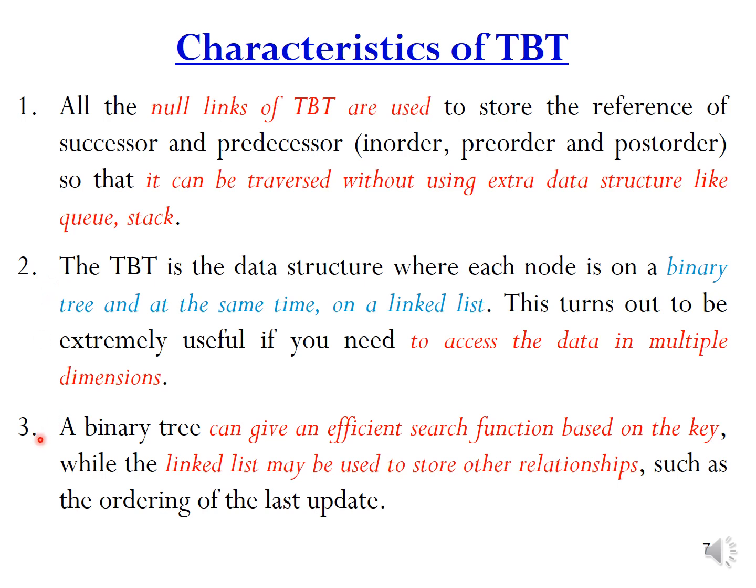And the third feature is that a binary tree can give an efficient search function based on the key, while the linked list may be used to store other relationships, such as the ordering of the last update. So this is the combination of the binary tree and linked list, which can provide different types of features, like storing relationships.